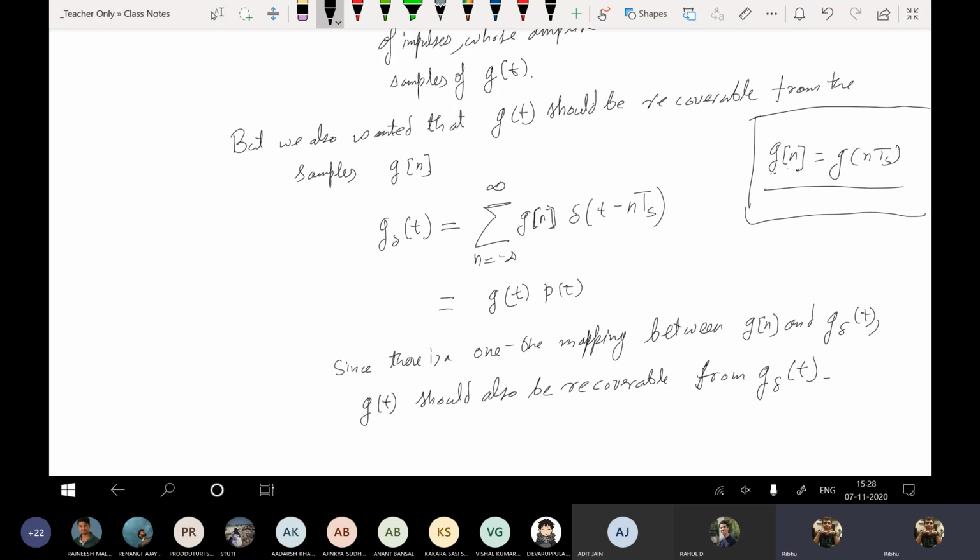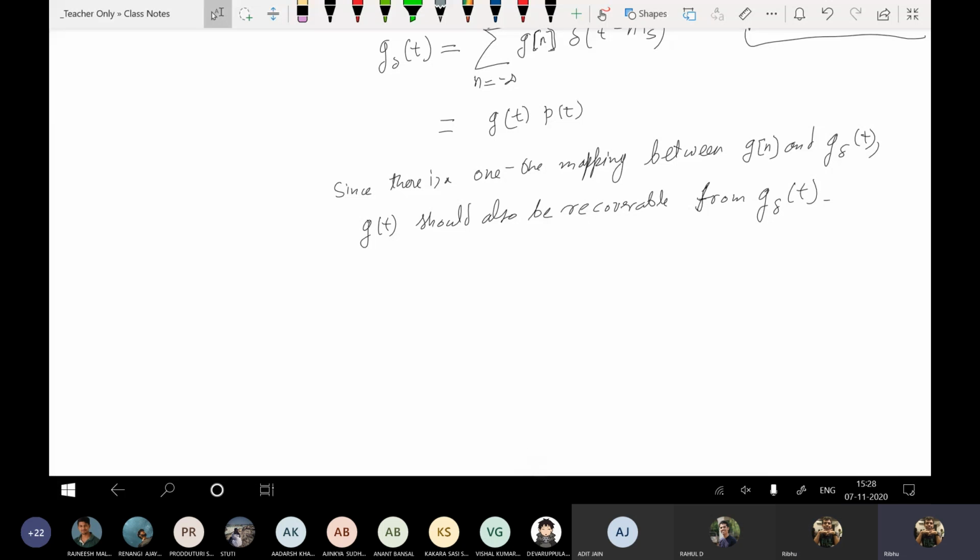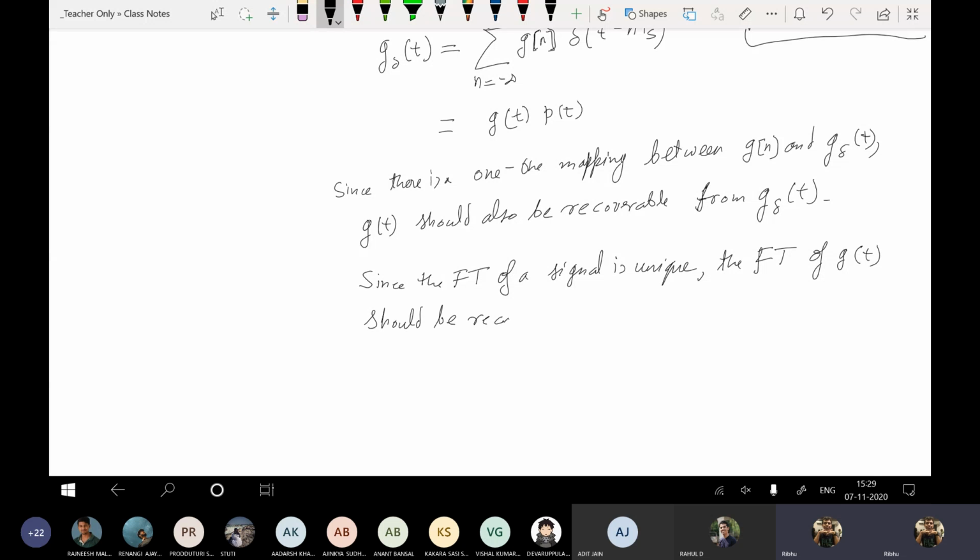Yes, sir. Furthermore, since the Fourier transform of a signal is unique, the Fourier transform of g(t) should be recoverable from the Fourier transform of g delta(t).